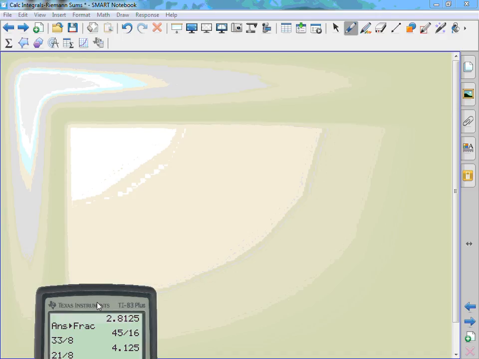I'll just take the easy one. F of x is 2x. It's partitioned from -1 to 3. Find the left, right, and middle sums.